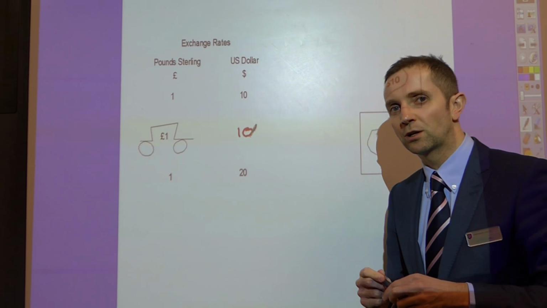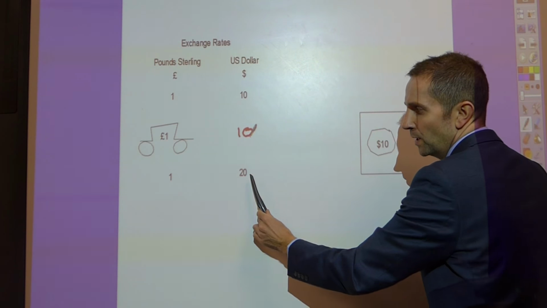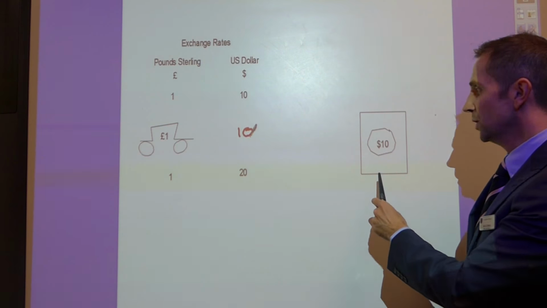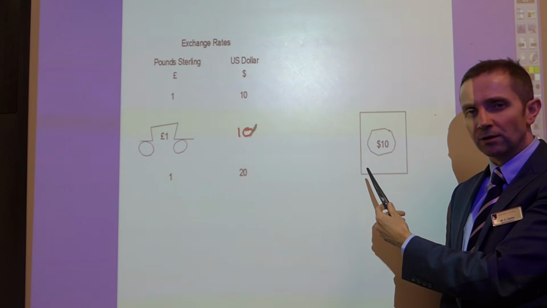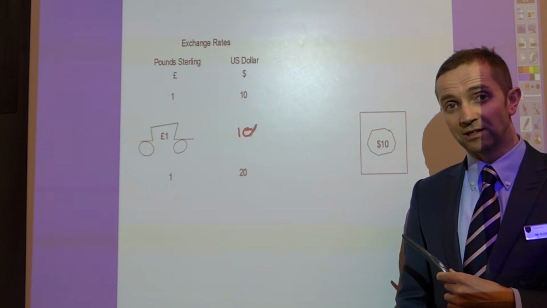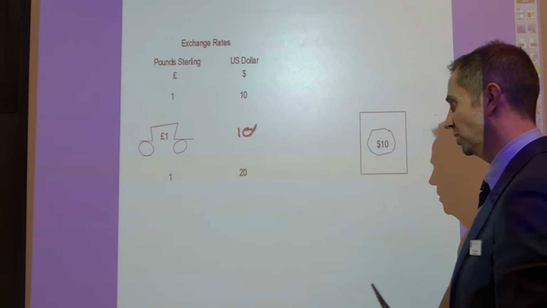How much is this going to cost us now? Well, now in the UK we can buy 20 US dollars for £1 because the pound is stronger. Well, the washing machine is still $10. So actually, if we paid £1 to the United States, we could get 2 washing machines.